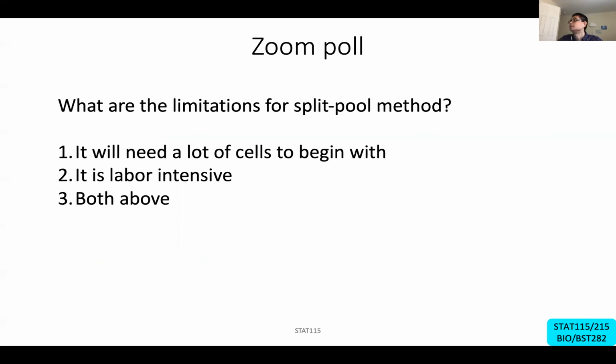I think the recommended maximum number that you can load into a single 10x lane is like 10,000 cells. But with this cell hashing or pre-barcoding strategy, you can overload the cells into the machine. However, this is not necessarily used in common experiments. This is really just for technology development.